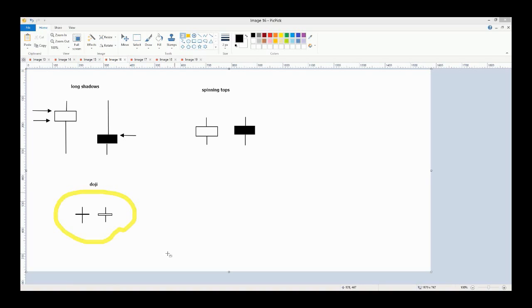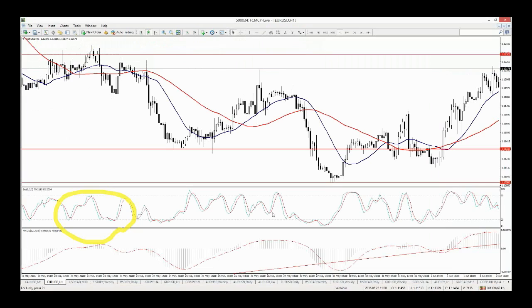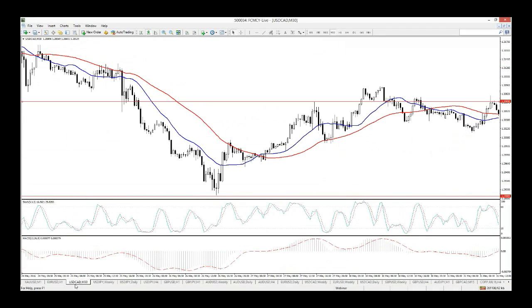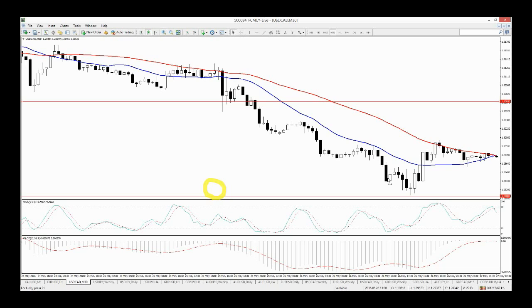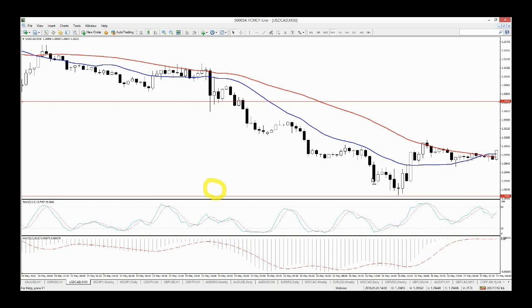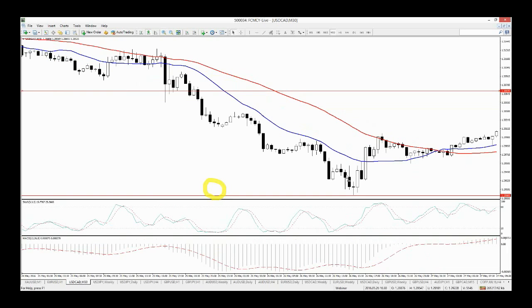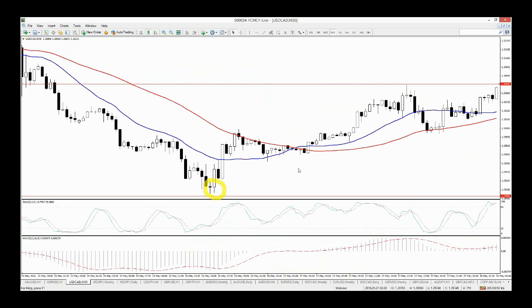Let's see if we can see this one on the charts. So we can see this chart here, this candlestick here. We can see a black. Let me try and see if I can zoom in for that. Okay. So we can see this candlestick here. There has been a downtrend, and we can see that there was a doji candlestick.